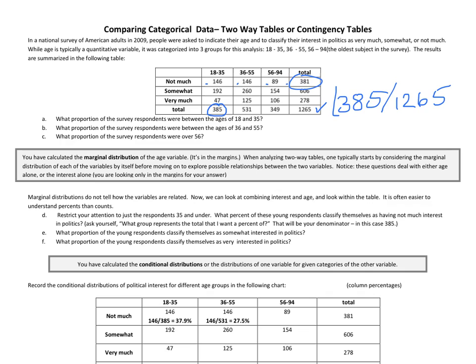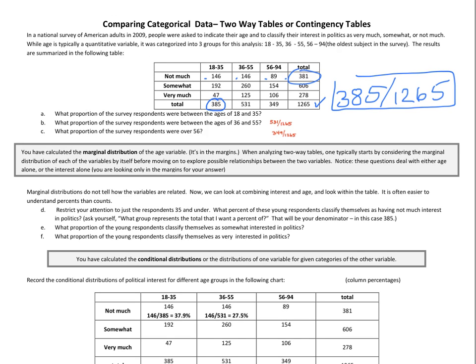So here is the proportion of respondents that were between 18 and 35. And we can continue this for the next two questions. The proportion between 36 and 55, right here, 531 out of 1265, and then those 56 and older, right there, 349 out of 1265.